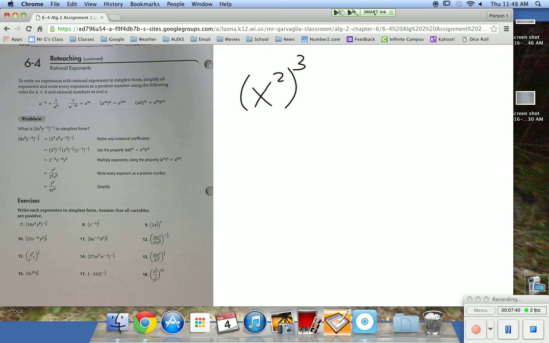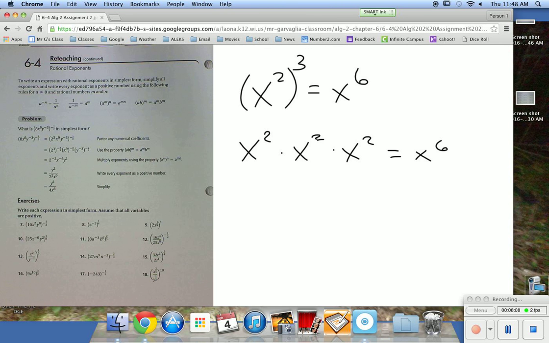Think of it this way: this is like x squared times x squared times x squared, which is 2 plus 2 plus 2, x to the 6. So what are we really doing? When you raise it to another power, you multiply.